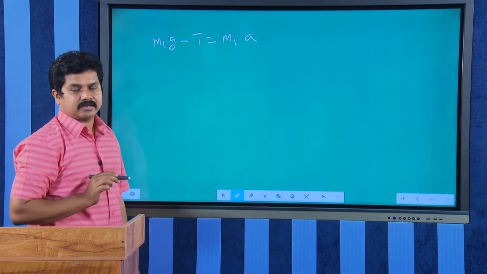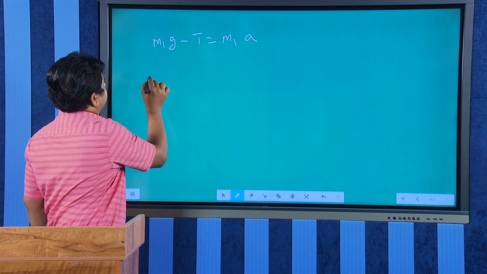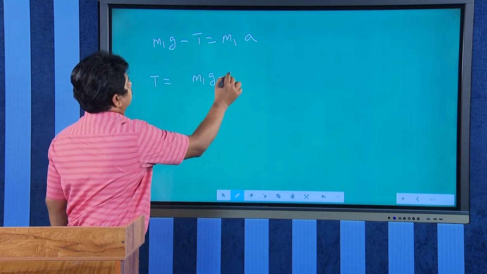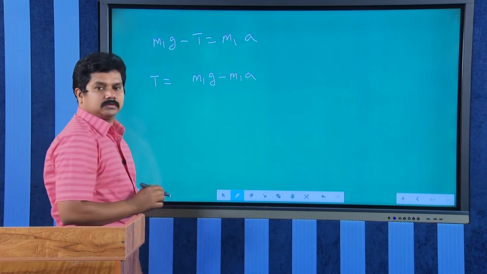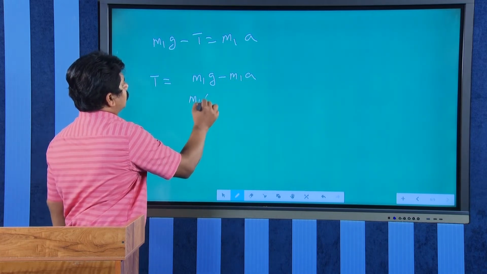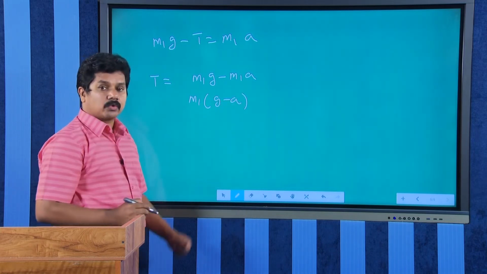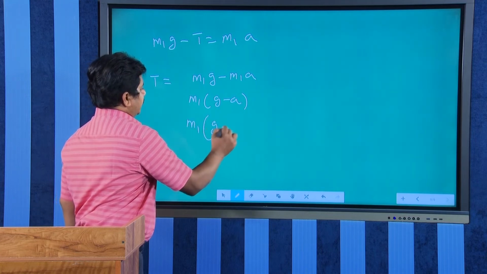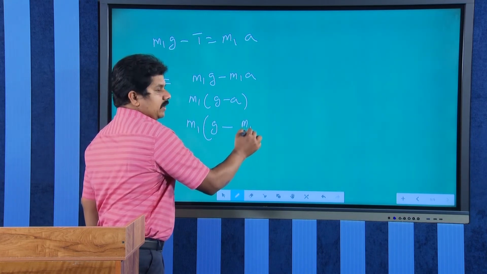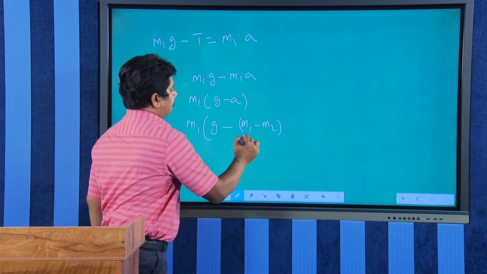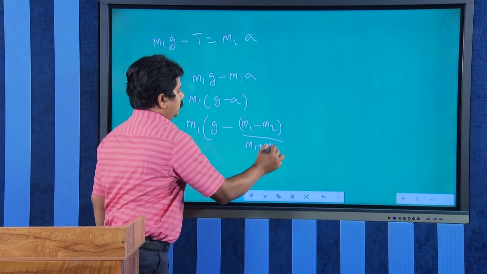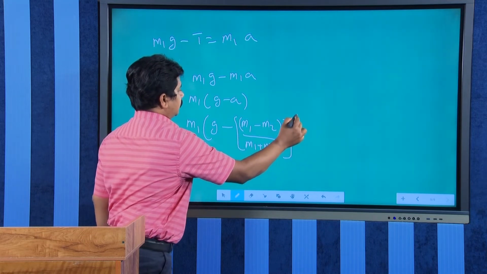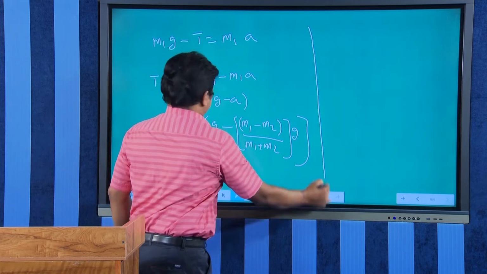This is our equation 1, right. So, T equal to how much? m1g minus m1a, or m1 into g minus a. What is our a? Our acceleration is m1 minus m2 by m1 plus m2 into g. So, this is what is tension.